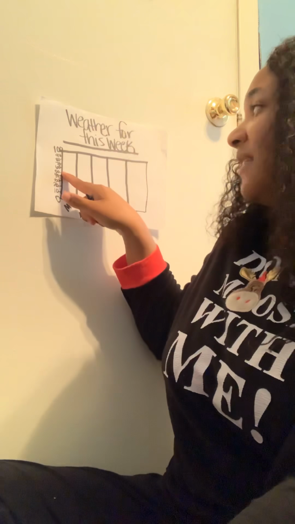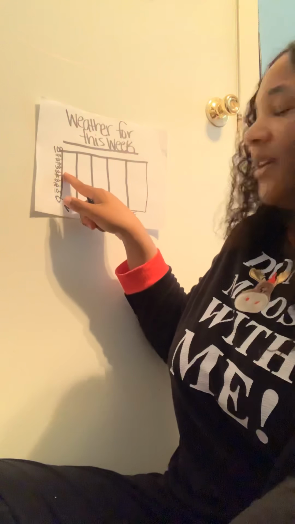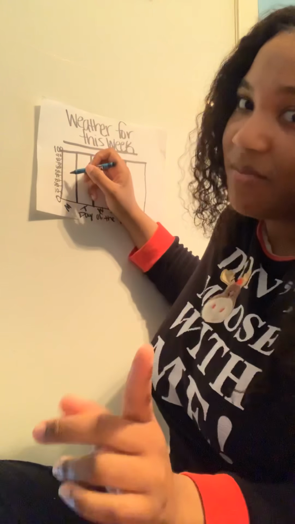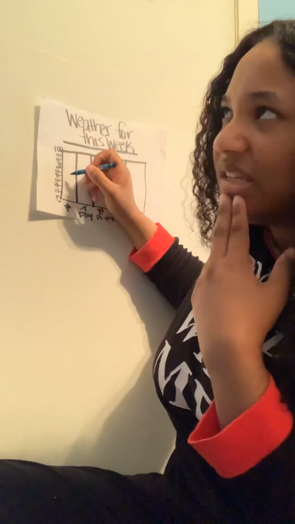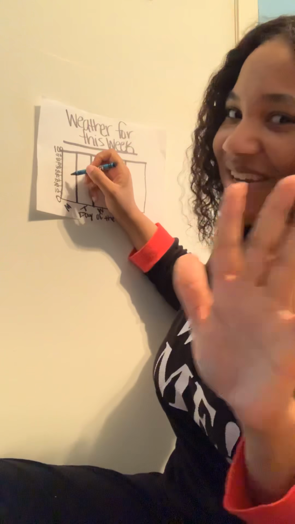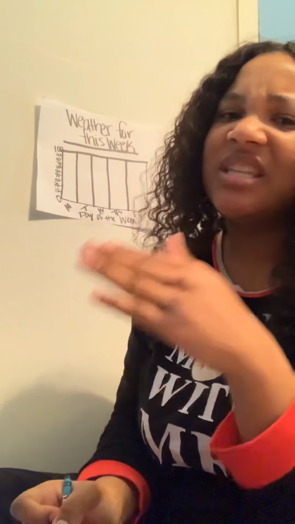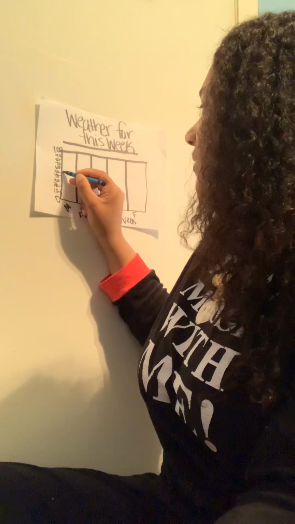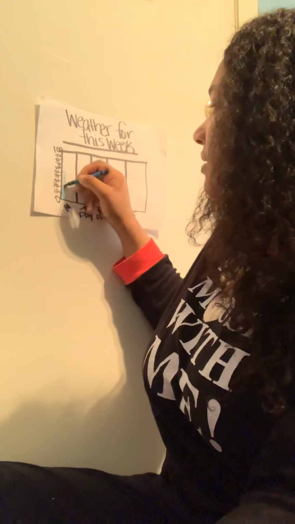No. So I know that 52 comes between 50 and 60. We're going to make a very educated guess. If I can find the halfway mark between 50 and 60, I know half of 10 is 5, right? So I know I need to be less than the halfway mark. Then we're just going to draw a line and color and shade that in. That is going to be our low.